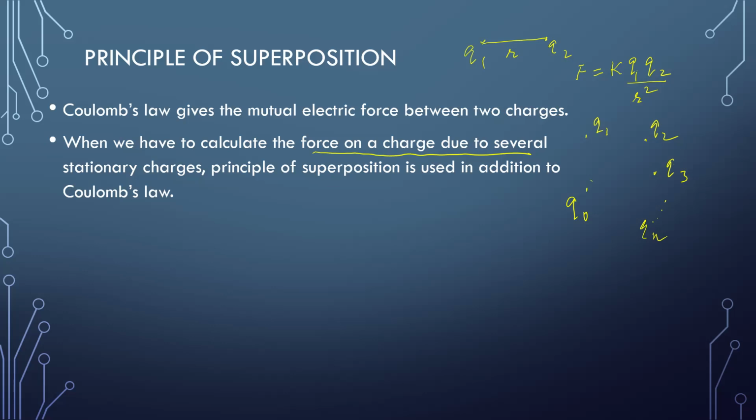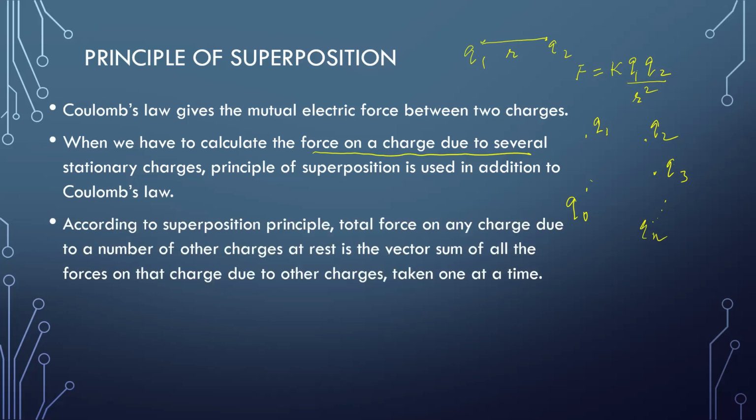So when we have to calculate the force on the charge Q0 due to all these charges Q1, Q2, Q3, Q4, then we have to use the principle of superposition in addition to Coulomb's law, right? Coulomb's law will give us the force between two charges, and the principle of superposition will help us to calculate the total force on the charge Q0 due to all other charges which are in its vicinity.